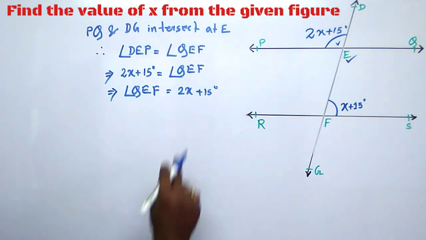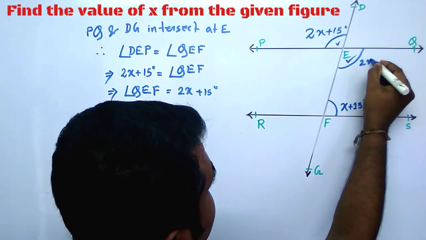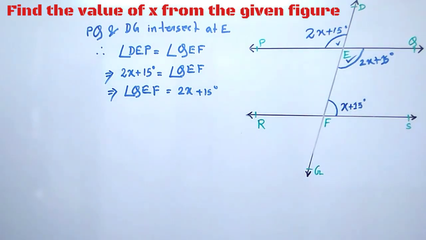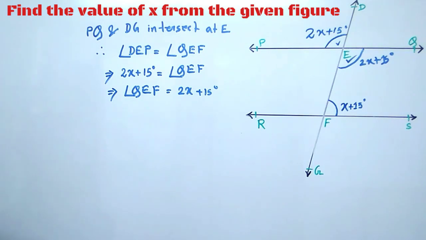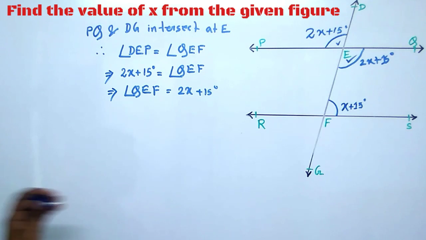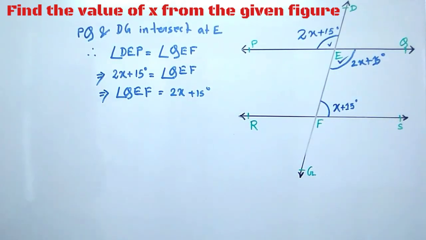Okay, so now value of this angle what? 2x plus 15 degree. Okay, but here we can see this angle and this angle are two co-interior angles between the parallel lines PQ and RS. So definitely the sum of these two angles is 180 degree.